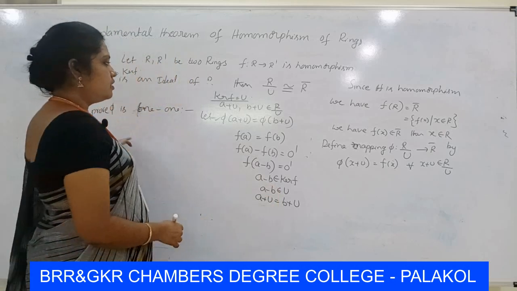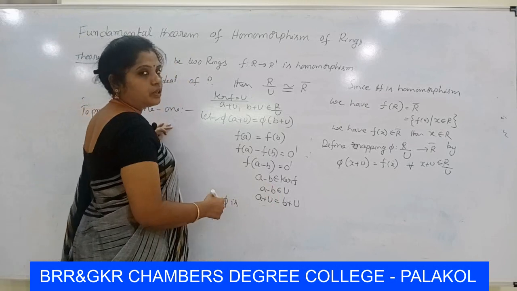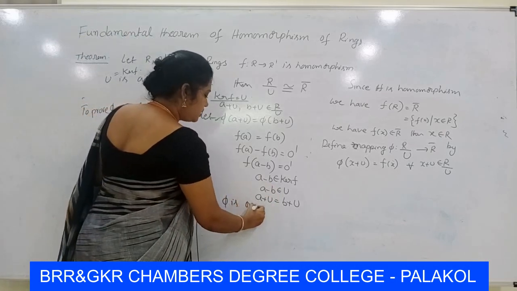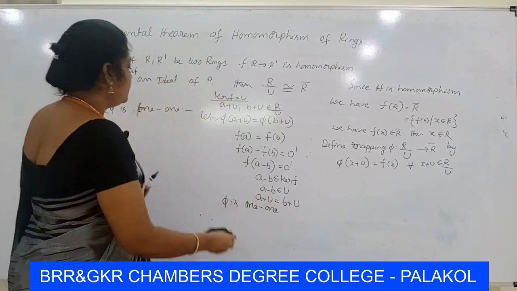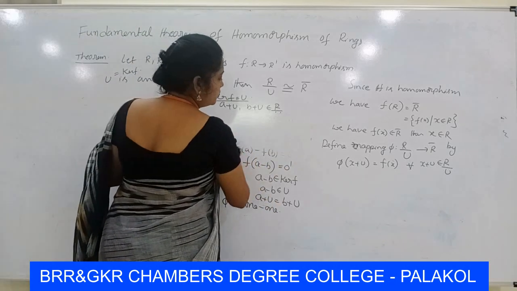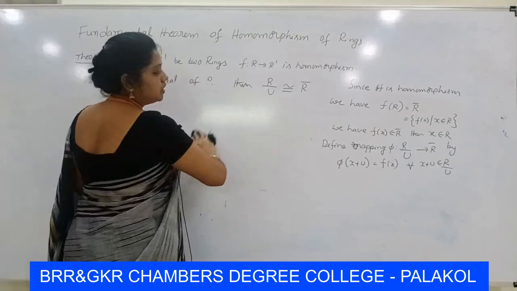Therefore phi is 1-1. That means the distinct elements of R by U have distinct images in R bar. Phi is 1-1. Now we have to prove phi is a homomorphism and onto, then it will be an isomorphism. First we have to prove onto.